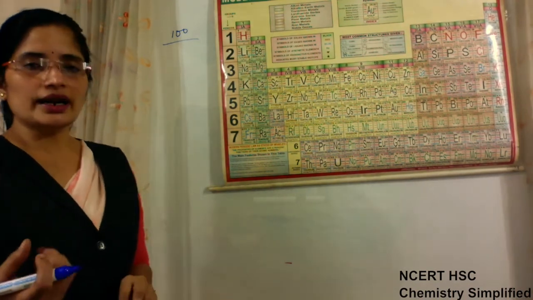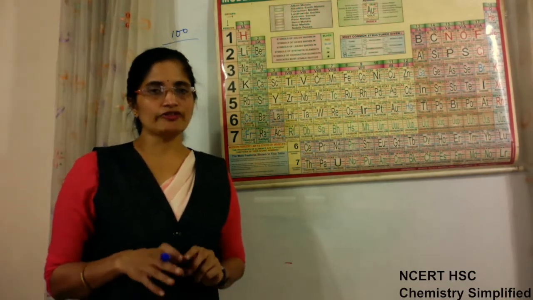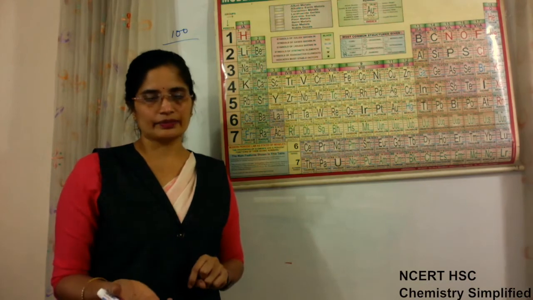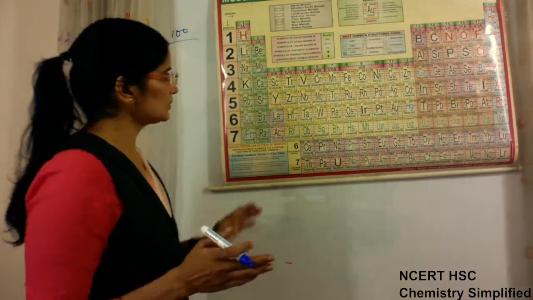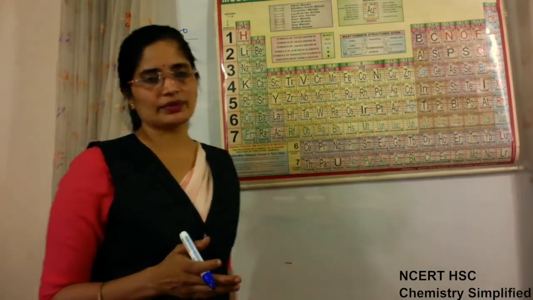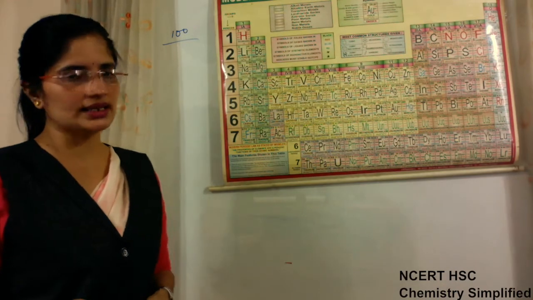Finally, an IUPAC system of nomenclature was assigned for elements above 100. Below 100 all have the names we have given them, but after 100 an IUPAC system of nomenclature was assigned.